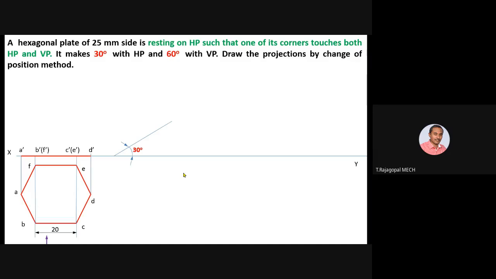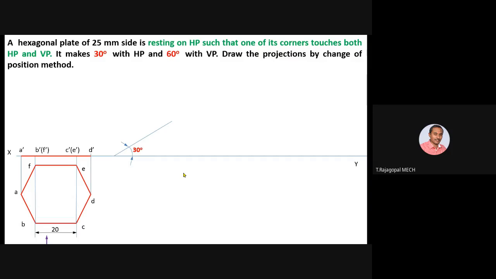So in the simple question, we assumed being resting on HP, we assumed surface is on HP. So surface is on HP means, even though in the sentence they may not mention the surface inclination, you have to take whatever the inclination given with respect to HP as surface inclination. So in that case, you can draw XY reference line anywhere.